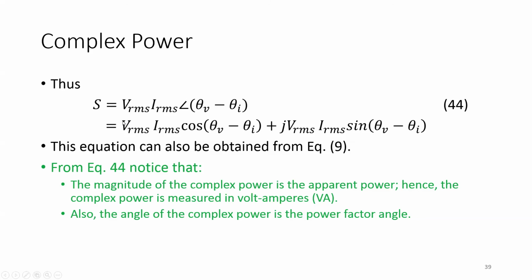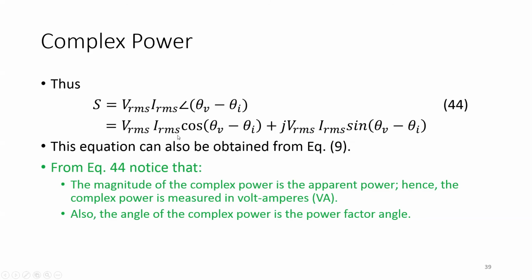Previously, when we were working with average power, this was only the real part of this term, but not the imaginary part. But here we also get the imaginary part in this complex power.